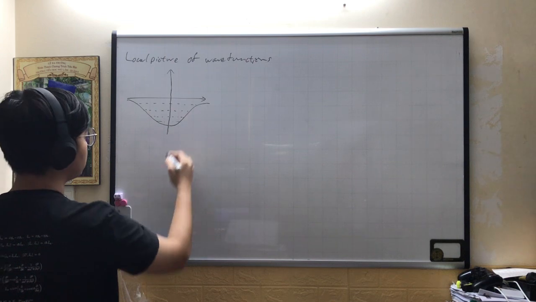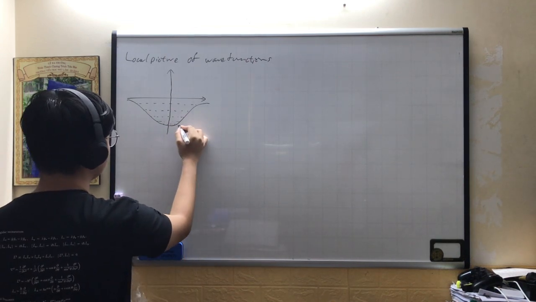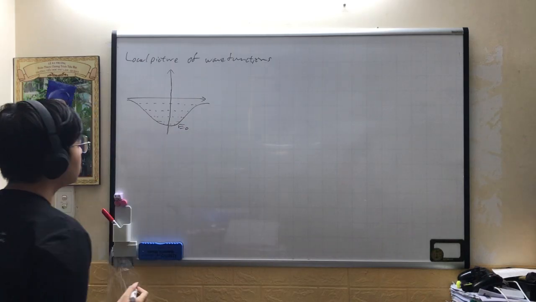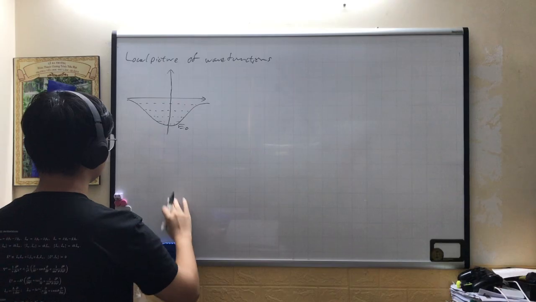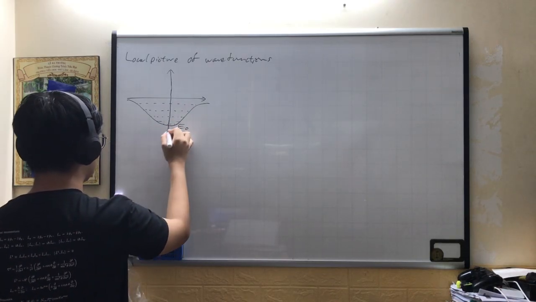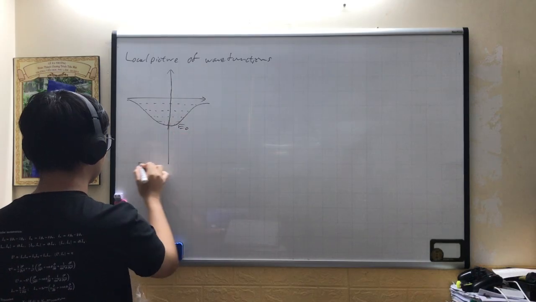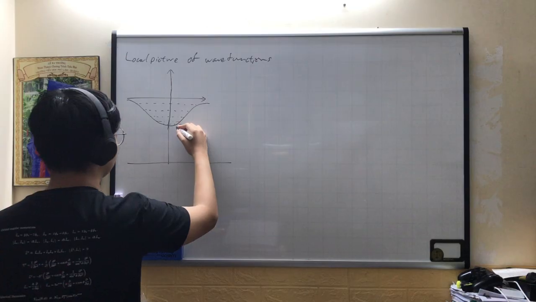So for example, you suspect that your E0 is somewhere down here. You would want to try and plot it. Well, one way to plot it, you draw it straight down.